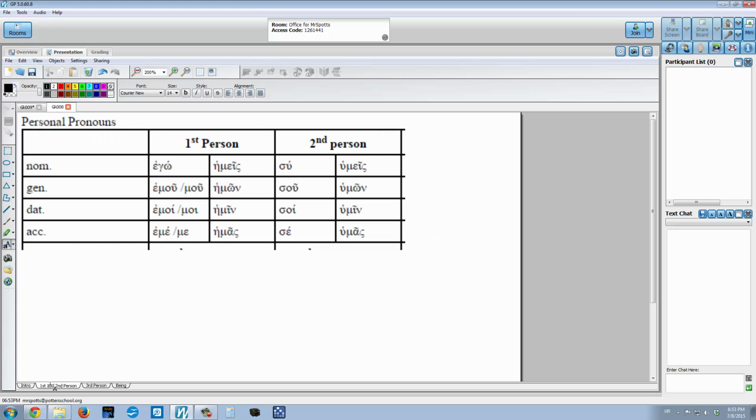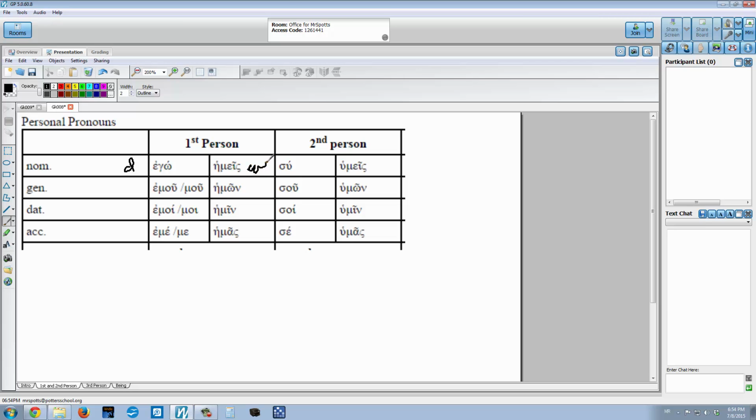Let's take a look at these pronouns. We want to be able to say I, and that's a very handy thing to say. Now, let's be sure we know how to say that. In English, in the nominative singular as a subject, it would be I if it's just one person. How about if it's a plural?